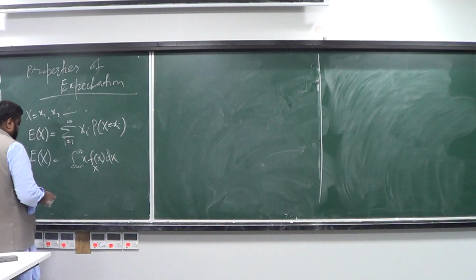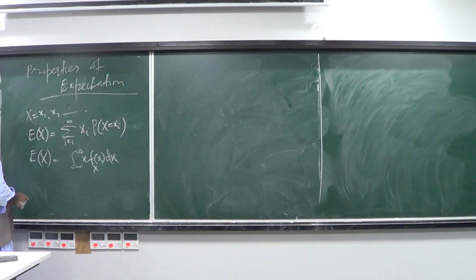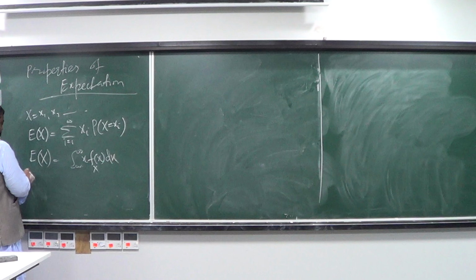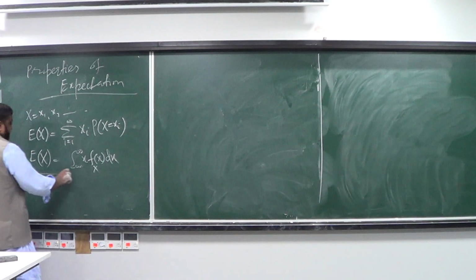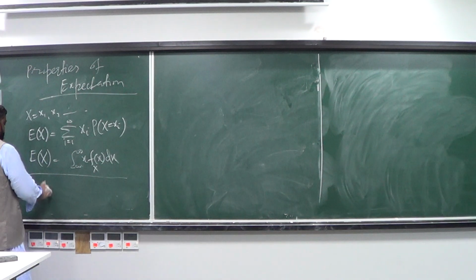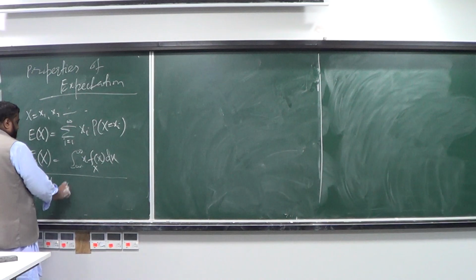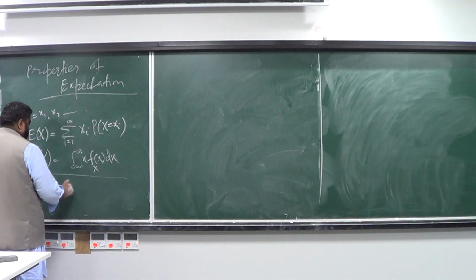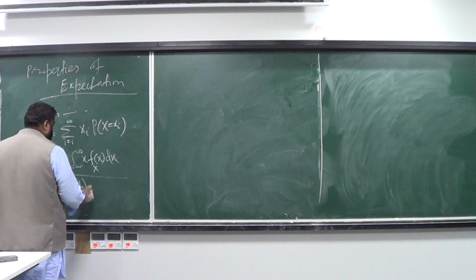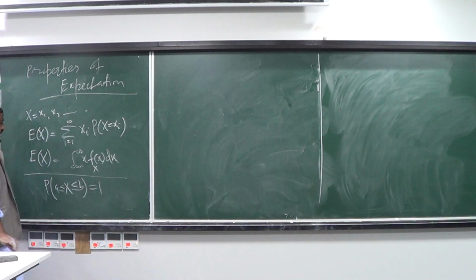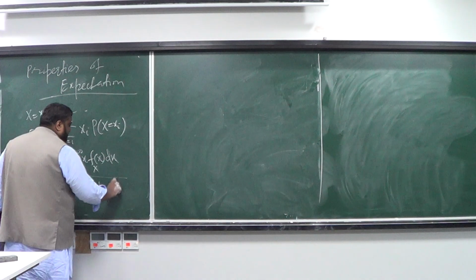Imagine that, for example, the probability that X is always going to stay between a and b is equal to 1. Then what can we say about the expectation? If this is true, can you guess what will happen?